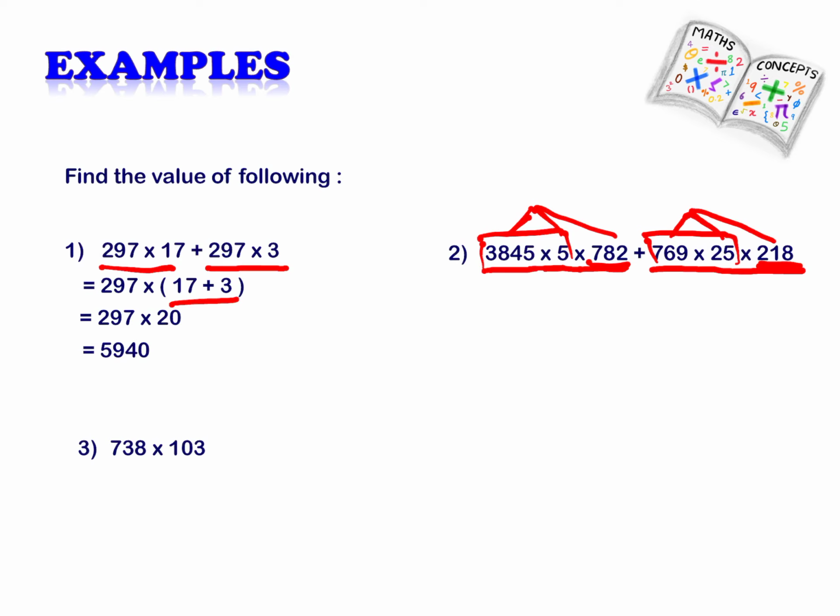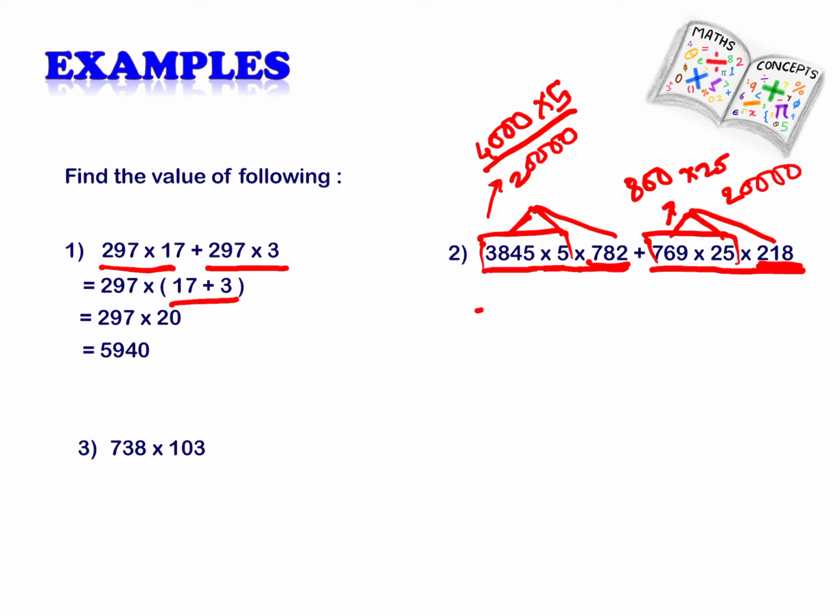Okay, so this 3845 rounded off to nearest thousands will be 4000 and multiplied by 5, and on the other side 769 rounded off to nearest hundreds will be 800 multiplied by 25. Okay, in first case 4000 into 5 will be 20,000, and in second case 800 into 25, that is 25 8s are 200, will also be 20,000. So this is correct. Our calculations would be right this way.